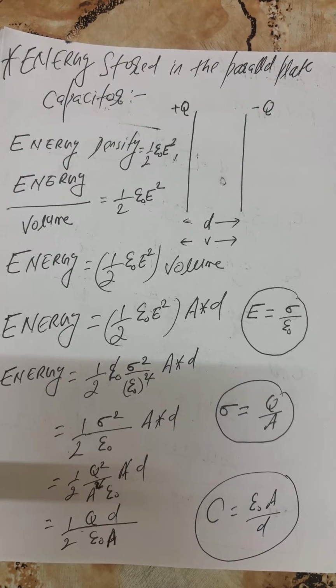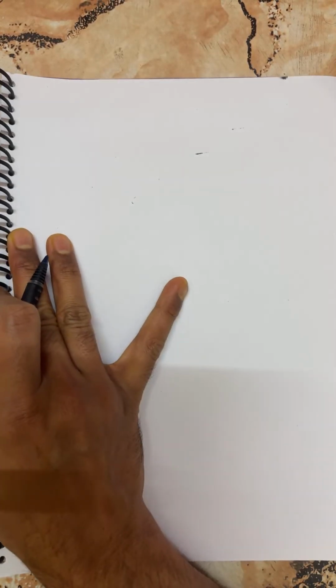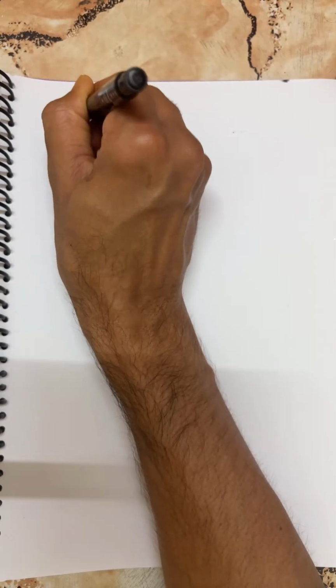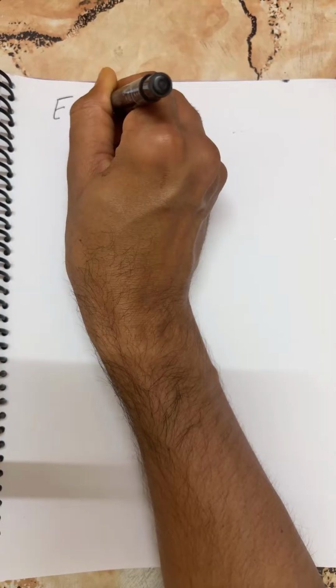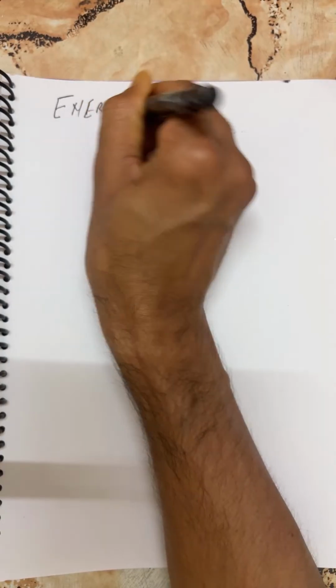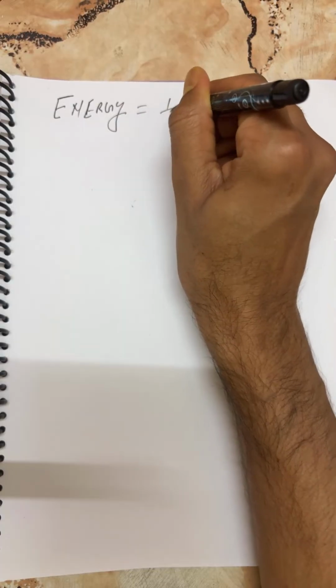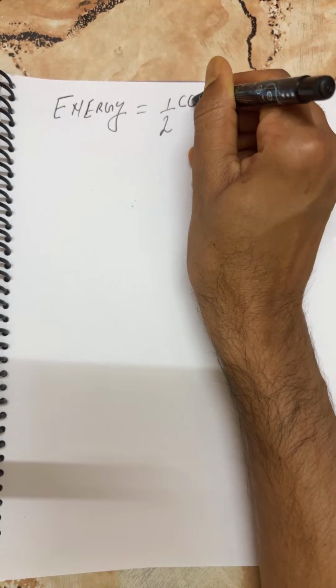So students, I'll continue here, my kids. Yes. So energy is equal to, students, half of Q square by C.